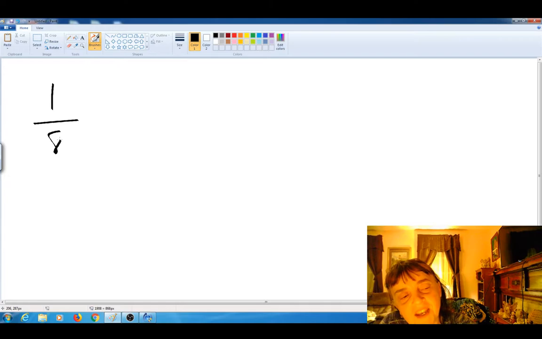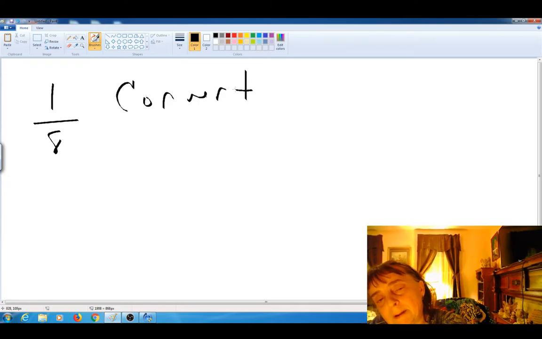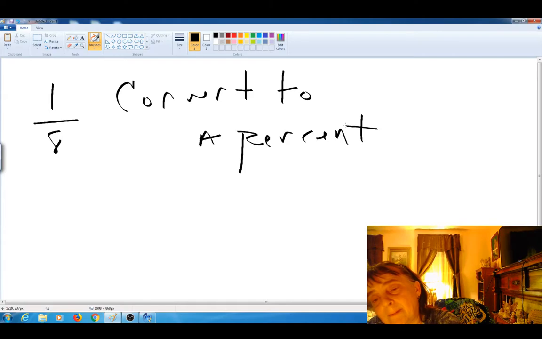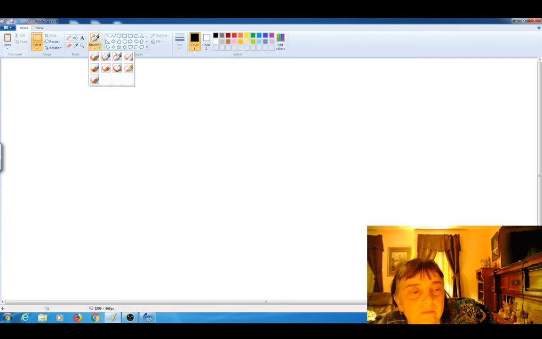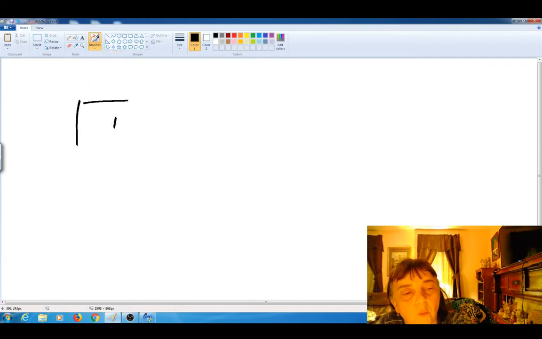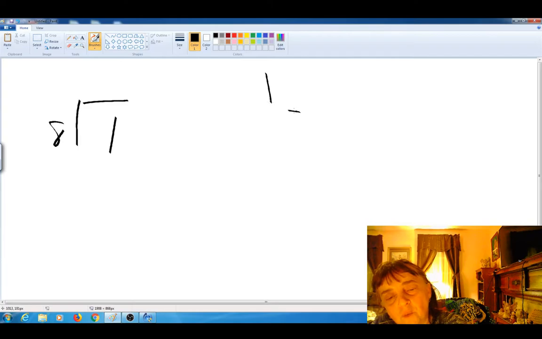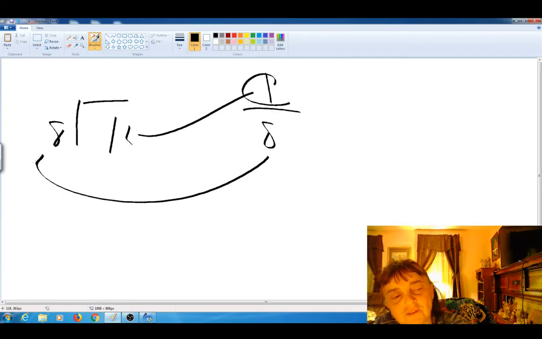Okay, now what's 1/8 converted to a percent? One divided by 8. The top number is your dividend, the bottom number is your divisor.